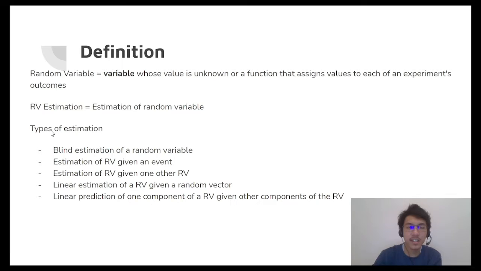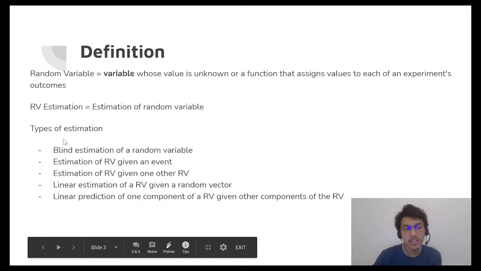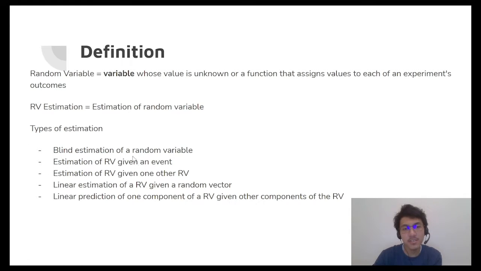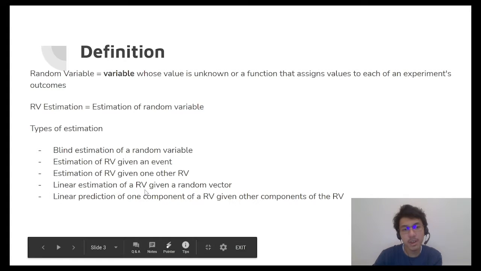There are a couple of types of estimation. There are 5 to be exact here. The first one is blind estimation of a random variable. The second one is estimation of random variable given an event. The third one is estimation of random variable given one other random variable. The fourth one is linear estimation of a random variable given a random vector.